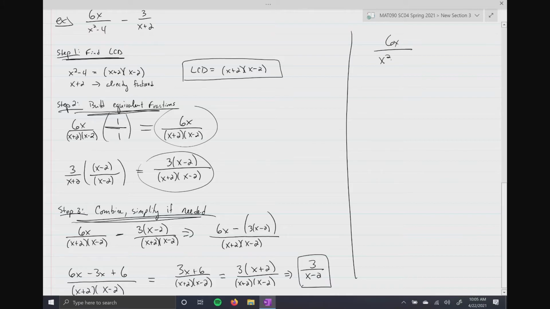All I'm doing is rewriting the problem. All right. Now, without going through step 1, finding the LCD, building equivalent fractions, without doing all that stuff, I'm going to look at my denominators and just factor.